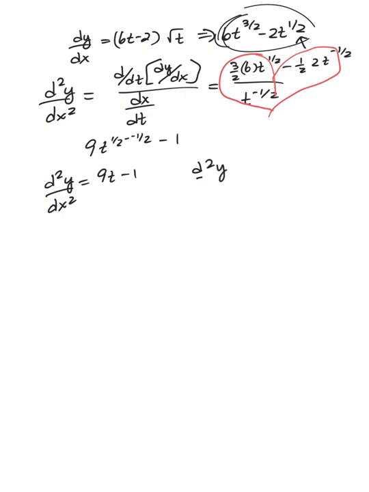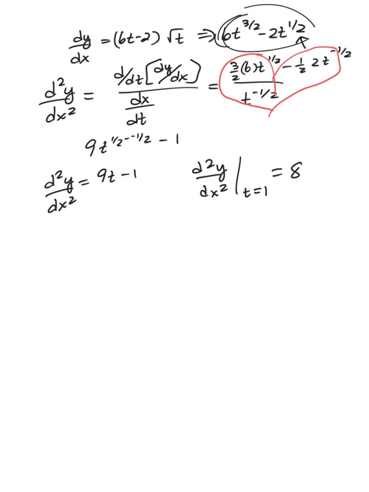So the second derivative with respect to x at t equals 1 is 8. Okay? So that's like your acceleration, right? So the particle will be accelerating at 8 units.